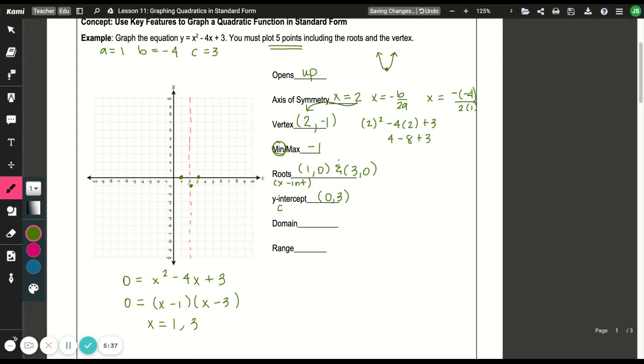So you can see I already have 3 points here. This is my fourth, 0, 3 on the y-axis is right there. We have to plot 5. We need one more point. Parabolas are symmetric, right? So this is the line that cuts it in half. So for each point we have a corresponding point that's symmetric on the other side.